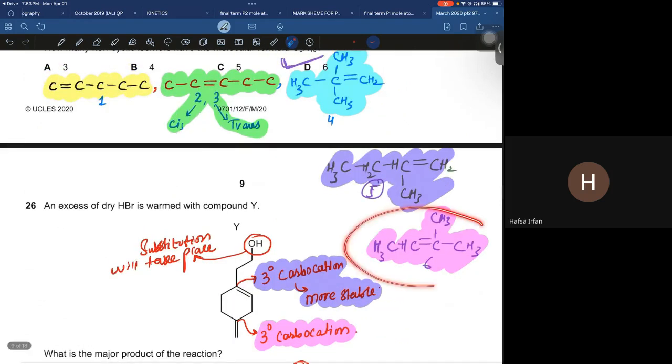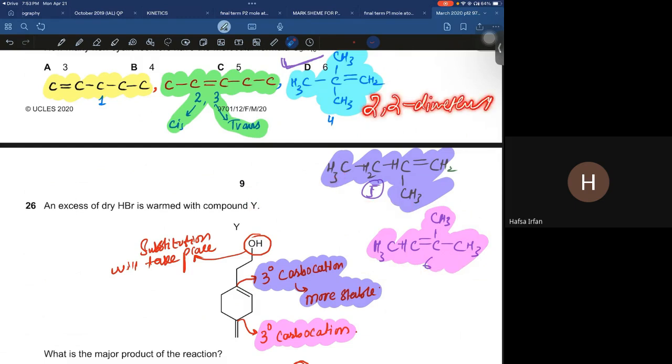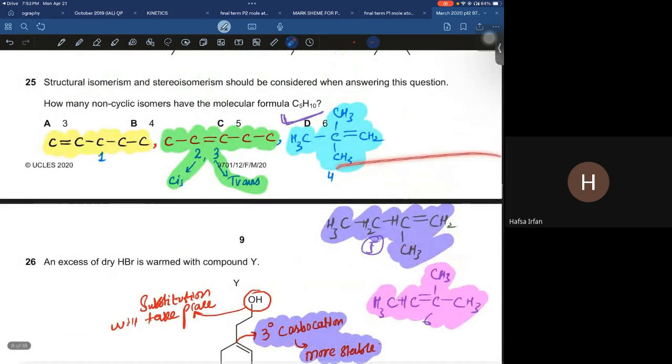You know what is the name of this compound? It's 2-methylbut-2-ene. It's 2-methylbut-1-ene. It's 2,2-dimethylprop-1-ene. The name is different, right? Look, this one was different, this one was different, this one is different.